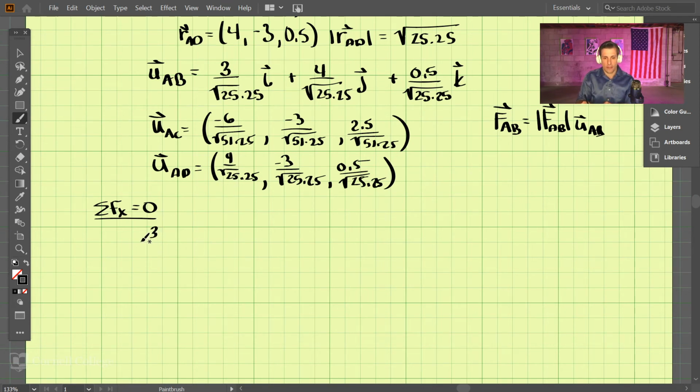So we have 3 divided by the square root of 25.25 times FAB.